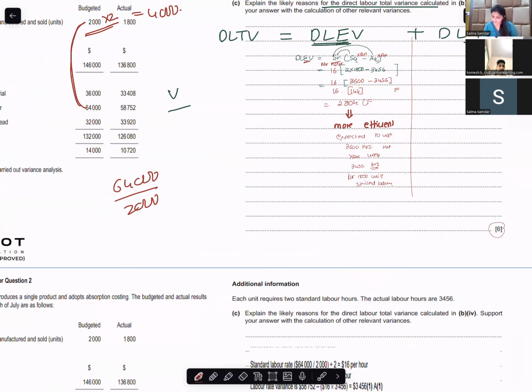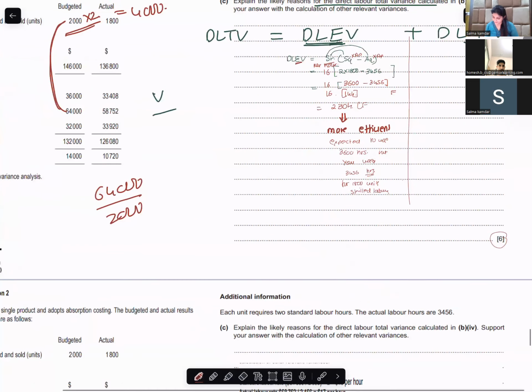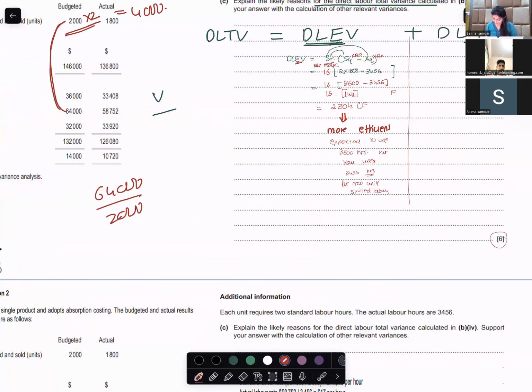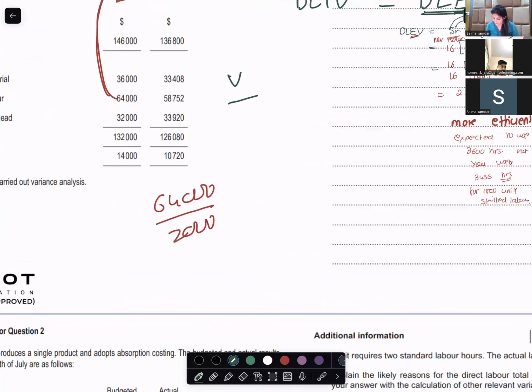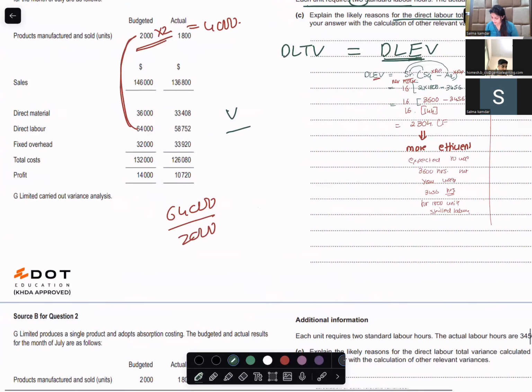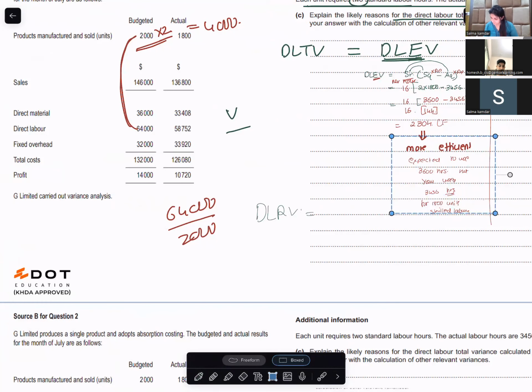Now direct labor rate variance. How will you give the direct labor rate variance? Come on, what is the formula? Direct labor rate variance is actual quantity into standard price minus actual price.